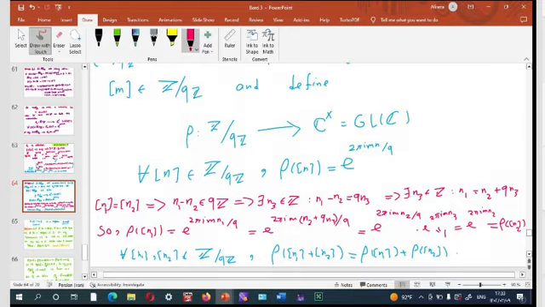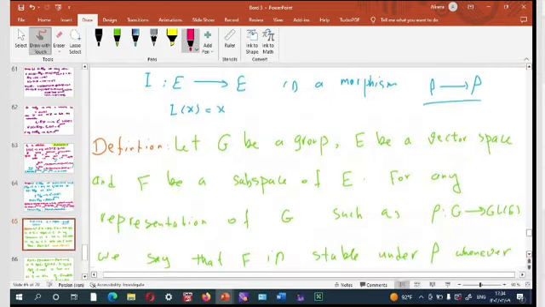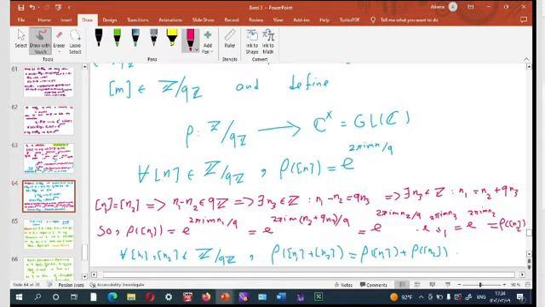So if the class of n1 equals the class of n2, then rho of n1 equals rho of n2. And it is also very trivial that this rho is a group homomorphism, so this rho is a representation.